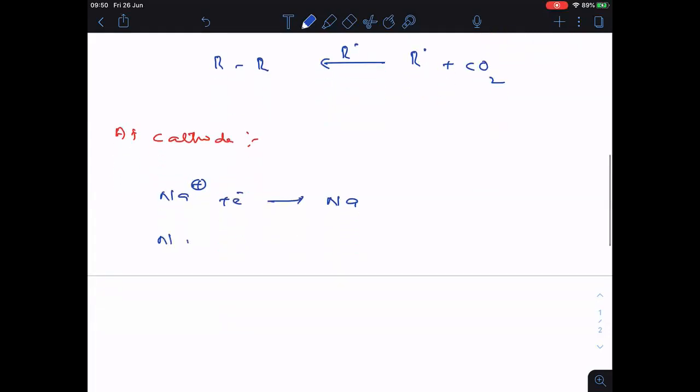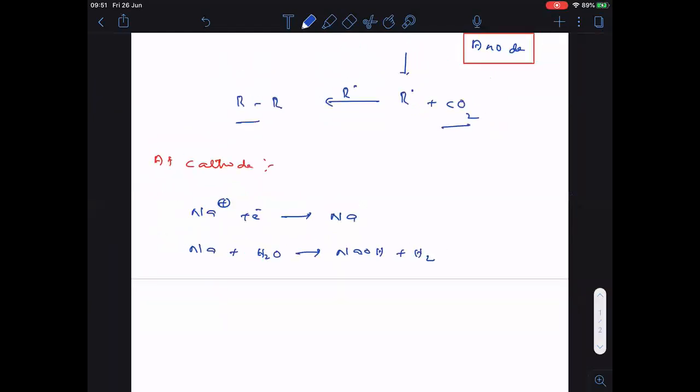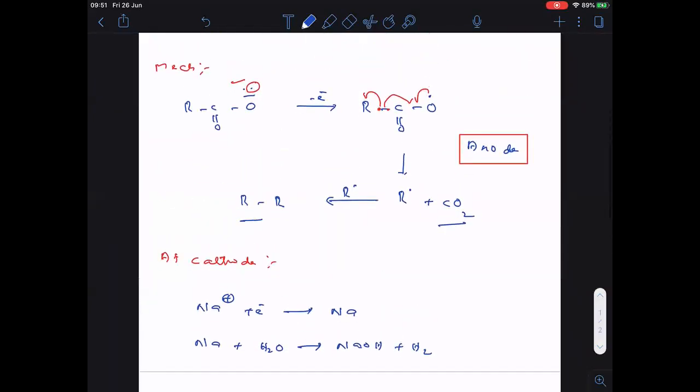And remember everyone, this Na when dissolved in water produces NaOH plus H2. So NaOH plus H2 are formed at the cathode. Next, alkane and CO2 are formed at the anode. This is the mechanism of Kolbe electrolysis.